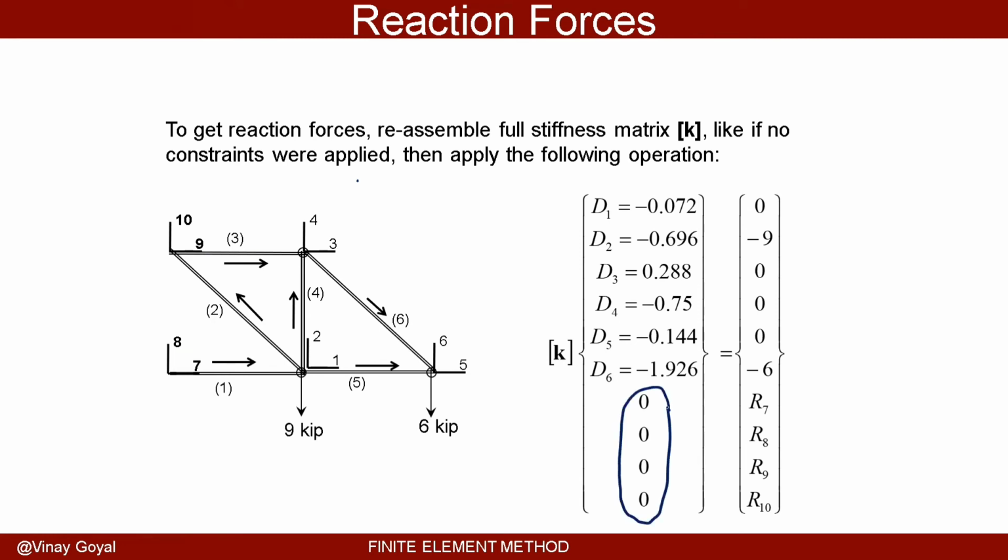Now you know that these deflections are 0. We know that, because these are fixed. So just make them 0. You know these deflections from the previous step. You know all these deflections, so that is fully known. The fully assembled stiffness matrix is going to be 10 by 10 because I'm going to assemble the whole thing, like if these were all there.